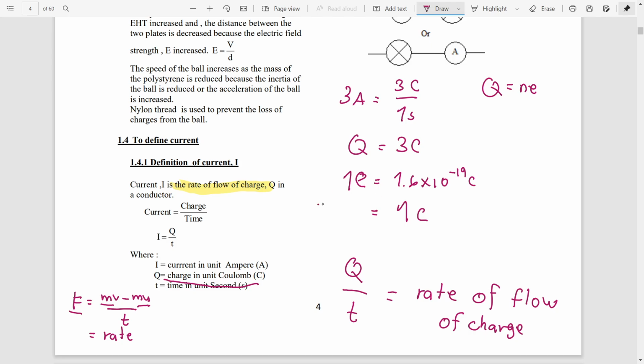From this equation we just divide, so we have 1 over 1.6 times 10 power negative 19. 1 divided by 1.6 E negative 19, we get 6.25 times 10 power 18. This means if we are provided with 3 coulomb of charge, we can get this much electrons. Is it a lot or a little?